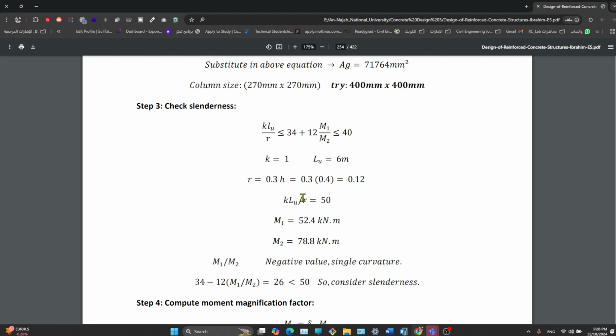Now, R, we can compute it from previous sessions, equal to 0.3 h, where h is the side of buckling. Since it's square, means 0.4 by 0.4, in this case it does not matter. So 0.4 by 0.3 is 0.12, the radius of gyration. K is 1, LU is given.